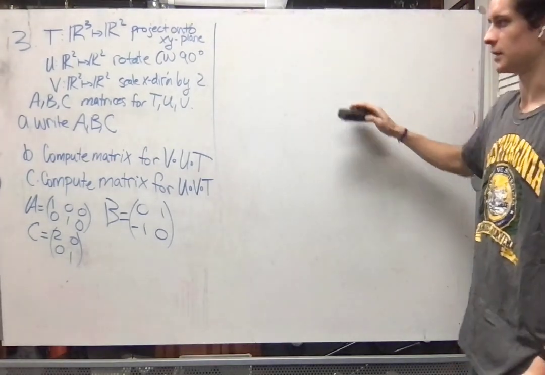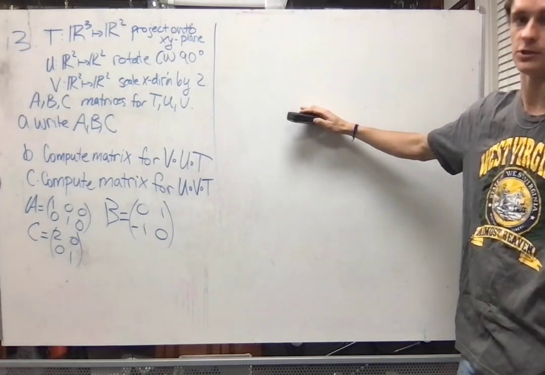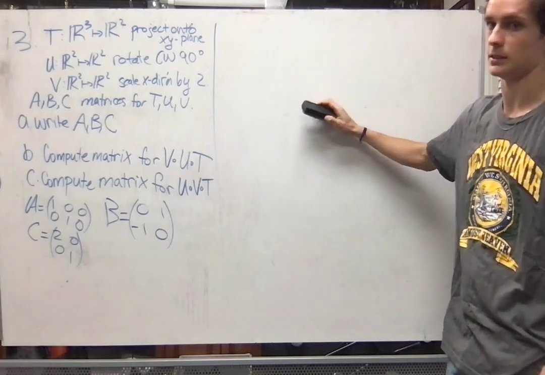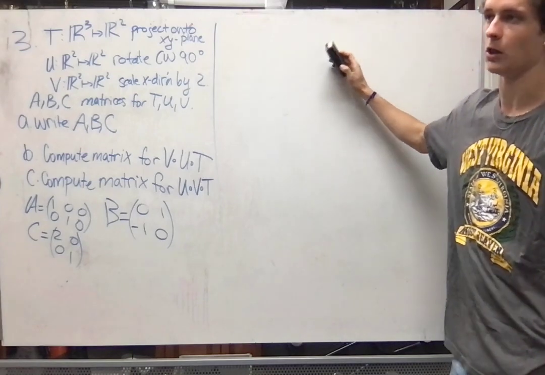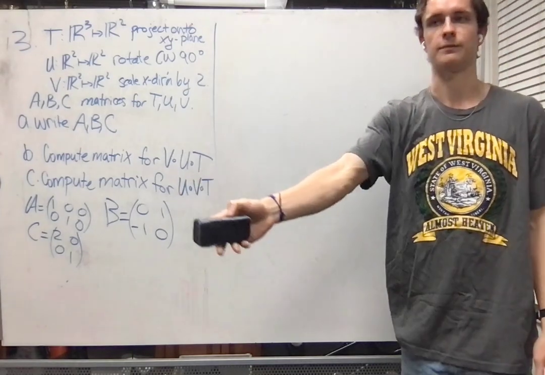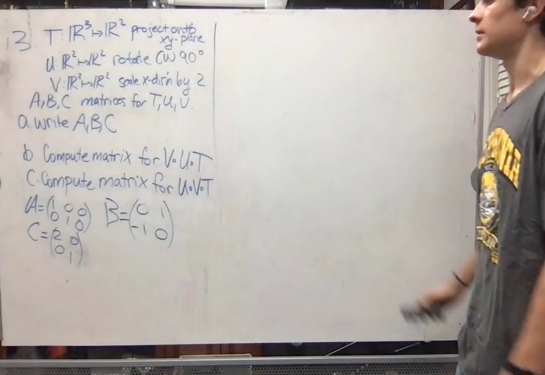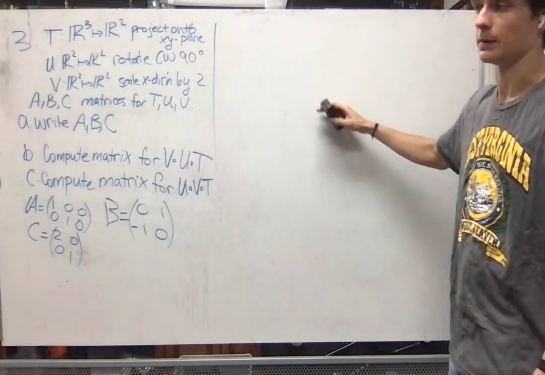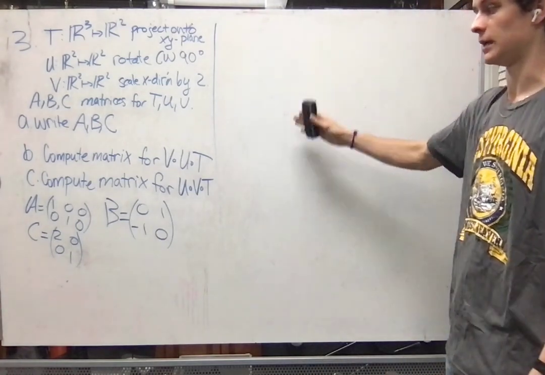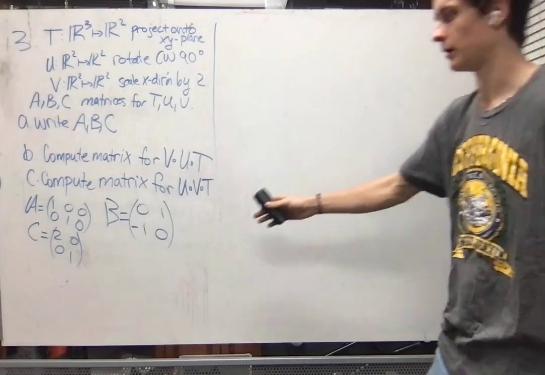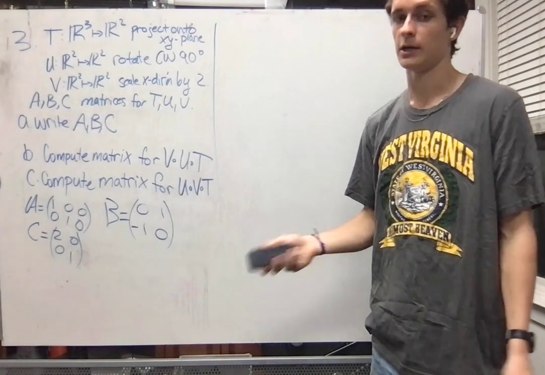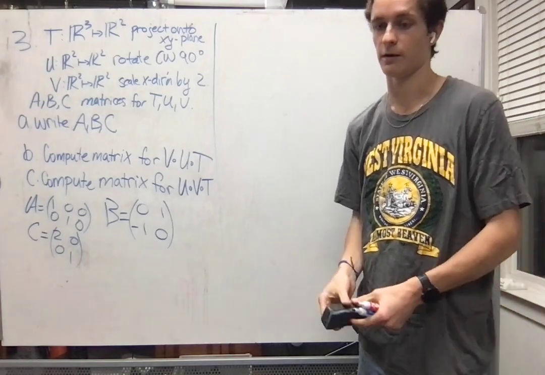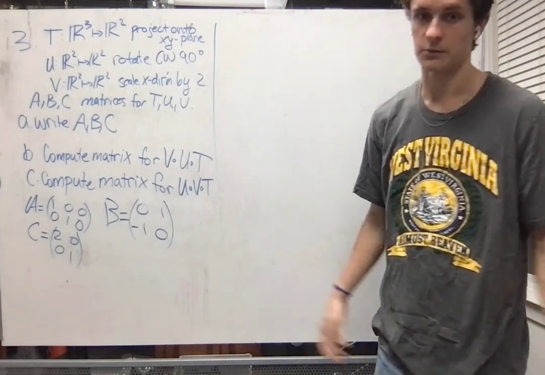The first is to do the same exact process we just did, which is find T of E1, T of E2, and so on, following where they go throughout the whole transformation. The second way is multiplying the matrices together, in the proper order, that represent each of the individual transformations. It actually doesn't matter which way we do it, it's a matter of preference. So we're just going to do it both ways.